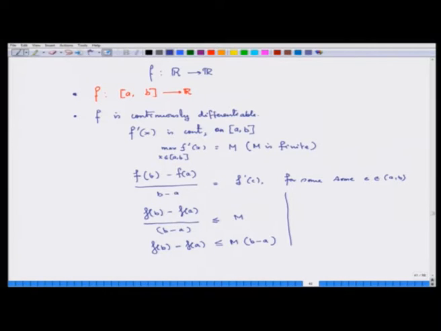But you also know, because of our studies about continuous functions, that the minimum value of this f dash x over x in a b also exists. So, this is m, but f dash c is then greater than or equal to m because m is the minimum value.